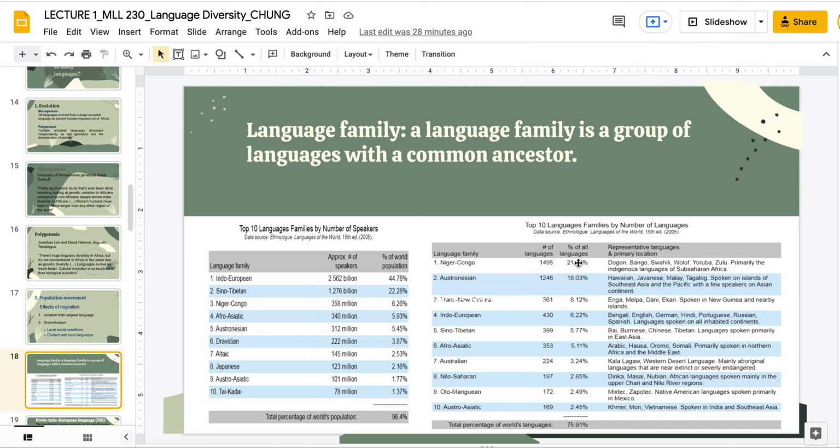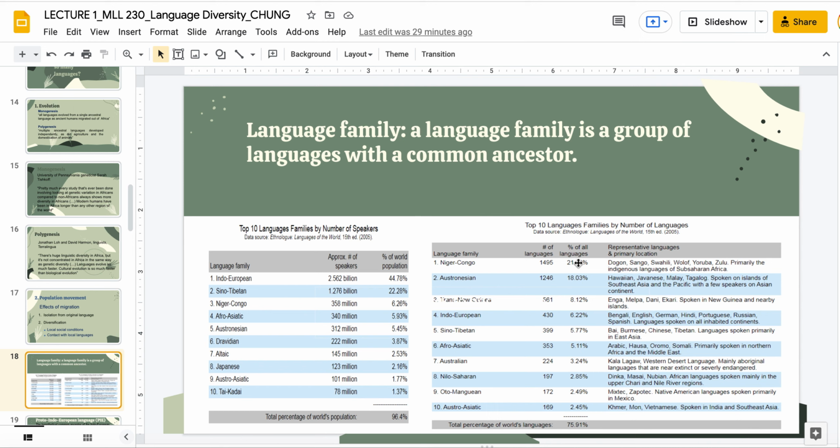Remember how Indonesia was one of the most linguistically diverse places. You'll see here that Austronesian, right? This is a language family that includes Hawaiian, Javanese, Malay, Tagalog. It's spoken on these different islands of Southeast Asia.